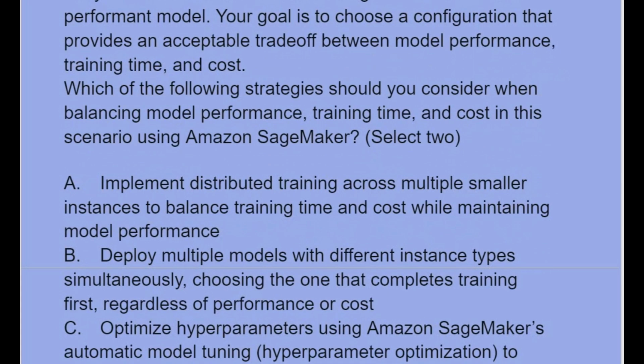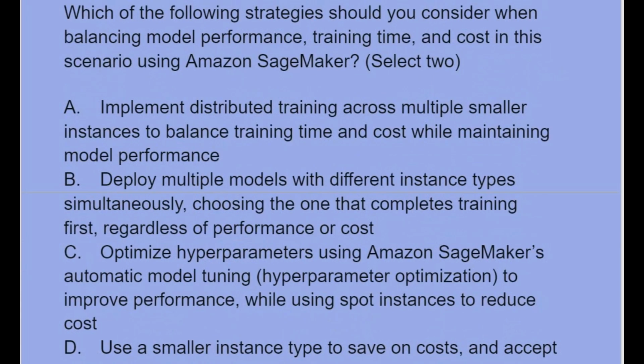Which of the following strategies should you consider when balancing model performance, training time, and cost in this scenario using Amazon SageMaker? Select two options. Option A, implement distributed training across multiple smaller instances to balance training time and cost while maintaining model performance.